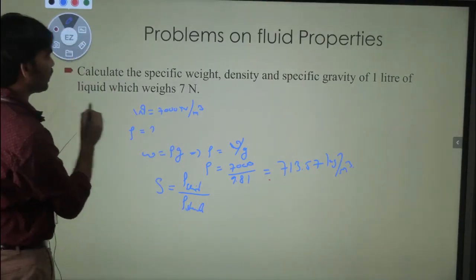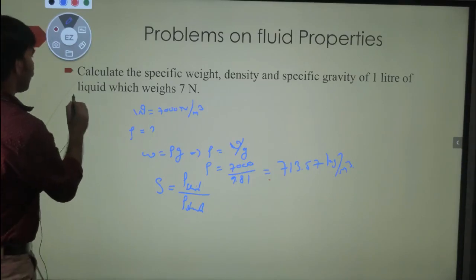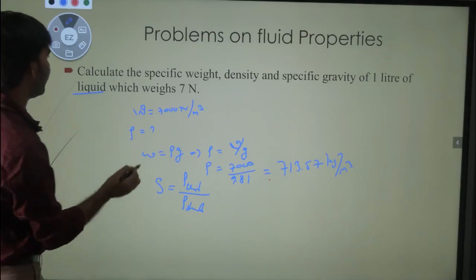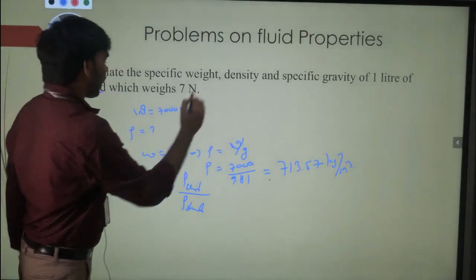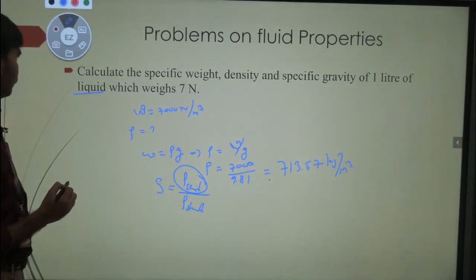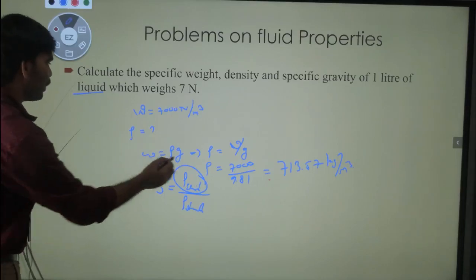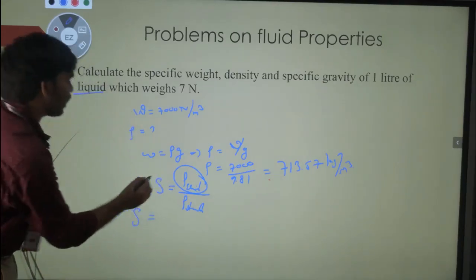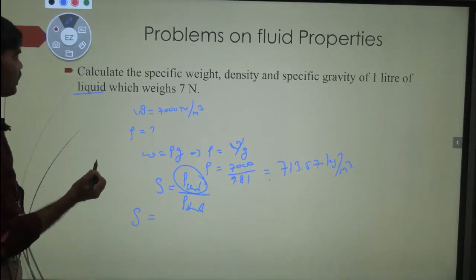Here we need to find out the specific gravity of the liquid. We know the density of the fluid.